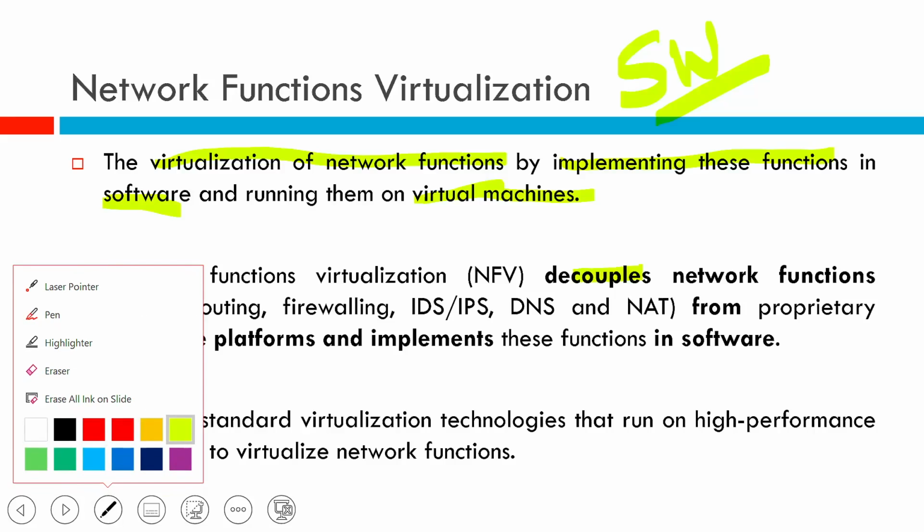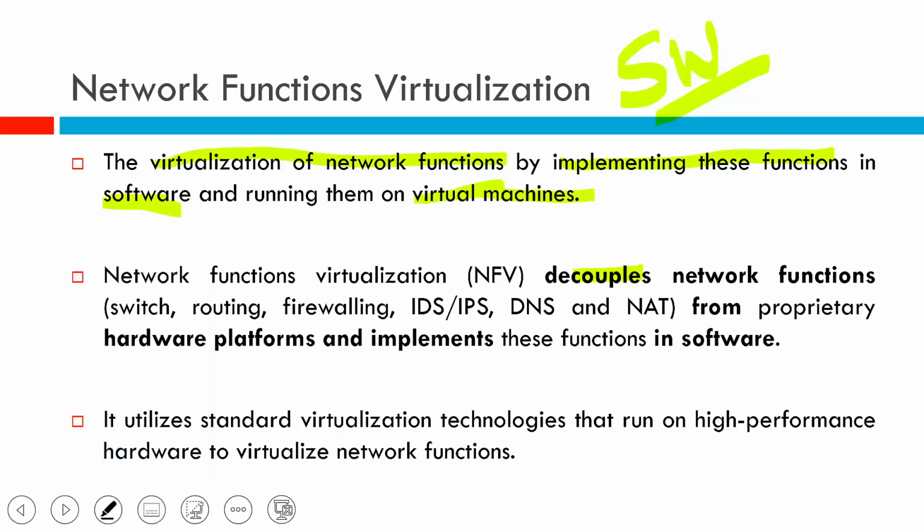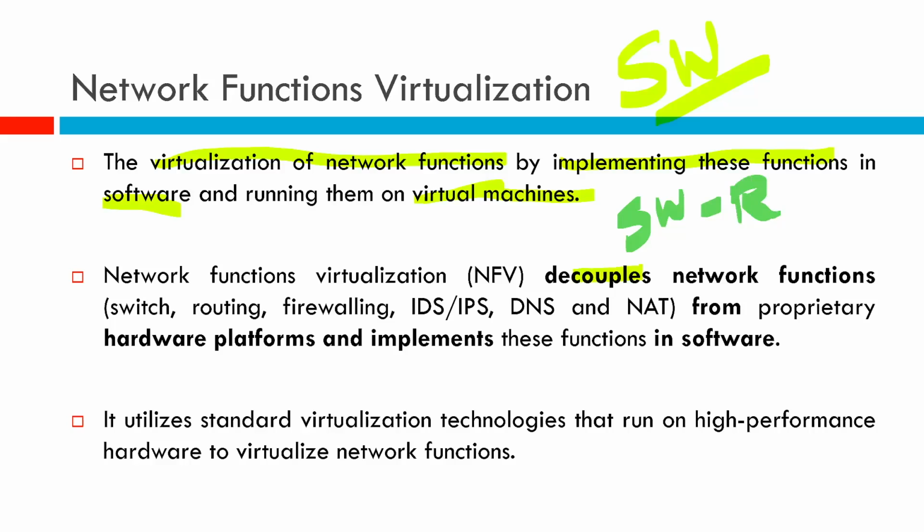So if you look into that case, like software based routers, software based switches. So that's the main idea here. Network functions from proprietary hardware platforms, and implement these functions in software.